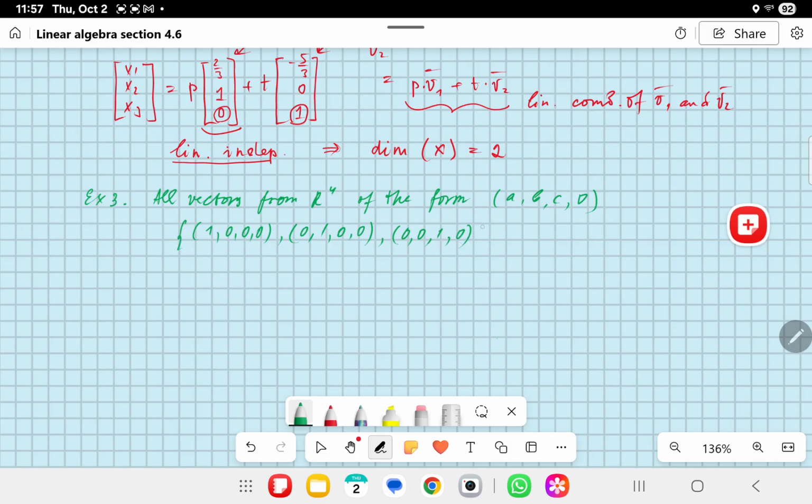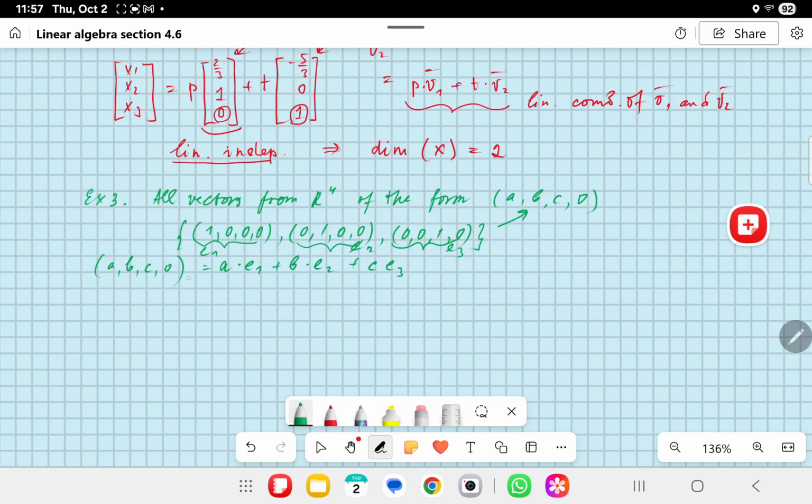And you can express all vectors of this form through the basis as a linear combination looking like this: A multiplied by E1 plus B multiplied by E2 plus C multiplied by E3, if you label this one E1, this one E2 and this one E3. So all vectors of this shape A, B, C, 0 can be expressed as a linear combination, right?